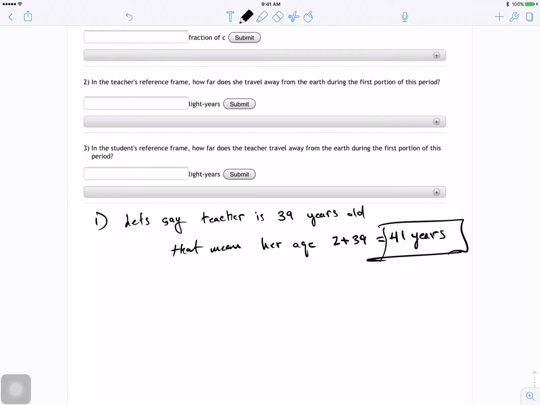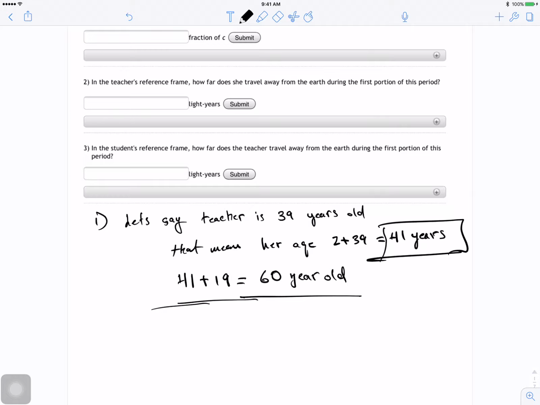When she comes back, she wants to be 19 years younger than her student. So that means she wants her student to be 41 plus 19, which is equal to 60 years old. This kind of makes sense.